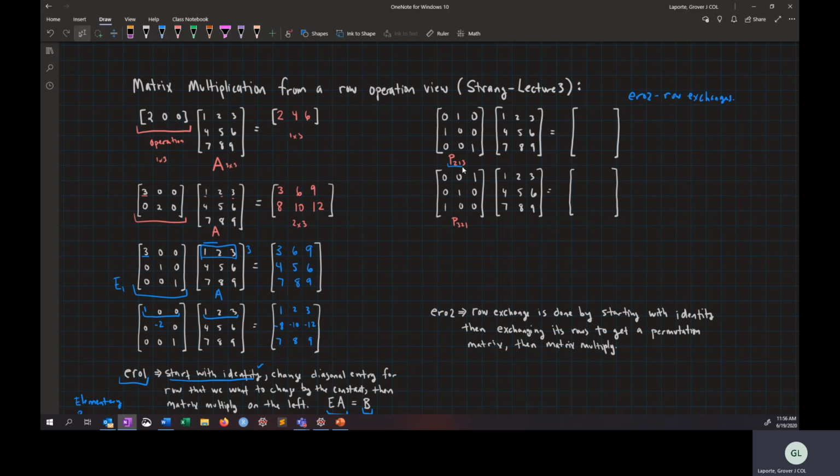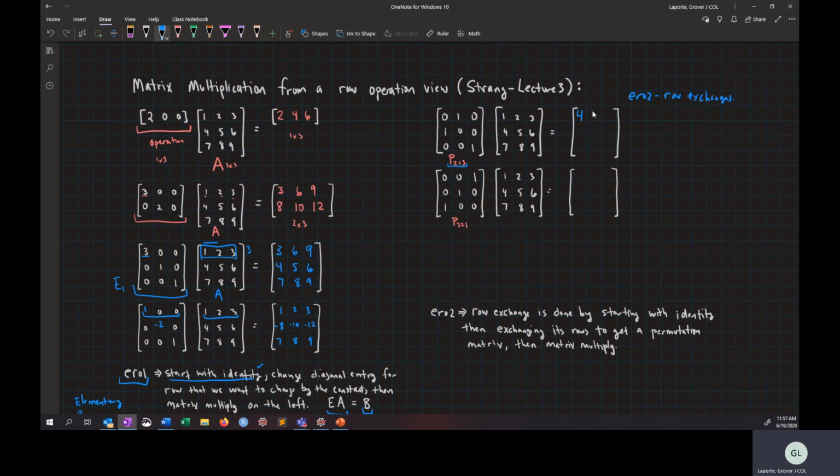And if you remember from linear algebra, why did I call it a P? Think about that for a second. So I'm going to do this multiplication, and then we'll come back and talk about that. So the first row of this new matrix is going to be basically the second row. So take this first one and multiply by 4, then multiply by 7, and you get just 4.